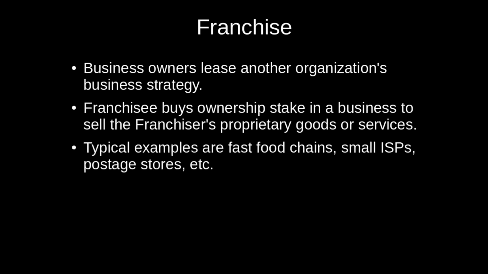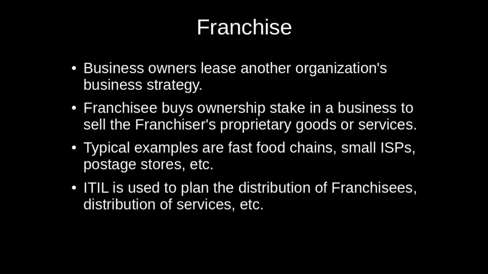And again, typical examples are fast food chains, small ISPs, postage stores, things like that. ITIL is used in these to plan the distribution of franchisees and to plan the catalog of services and goods that the franchisees will be able to distribute in each area. This helps to make sure that we don't have dilution in any particular area of a brand or product.